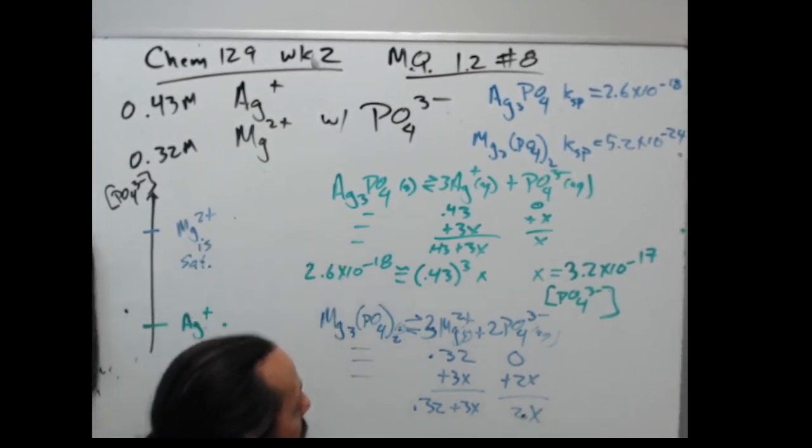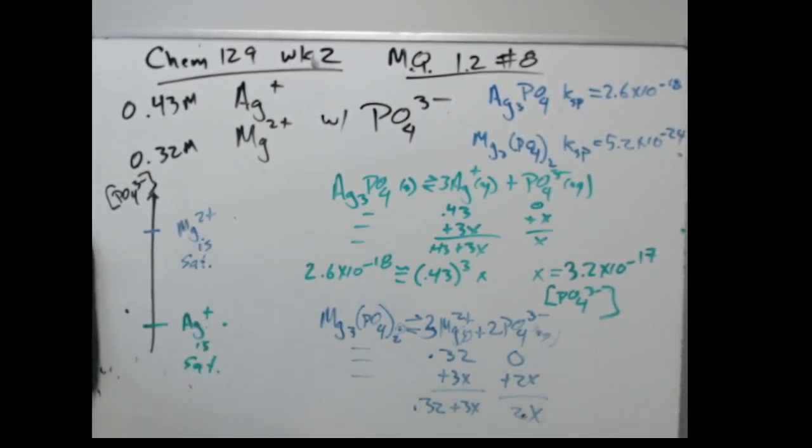Then I'm going to go ahead and plug this in. I'm going to have 5.2 times 10 to the minus 24 is equal to 0.32 cubed, and let's get the approximate on there so I know I'm doing an approximation, and 2x squared. My x value in this situation is going to be a little different.